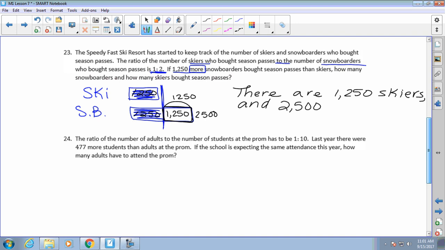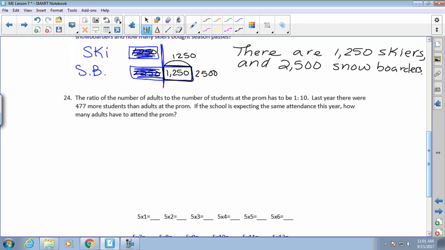And that is the number of snowboarders. All right. That one was not very complicated, but a lot of kids overthought it and made goofy mistakes because they put that 1,250 in the wrong spot.